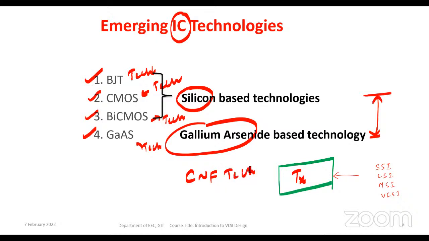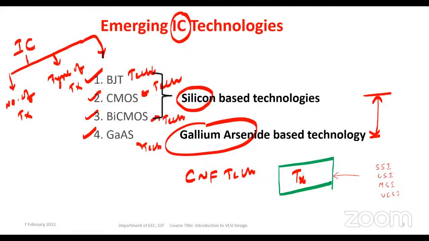So what I can say is that integrated circuits are classified in different ways. One is based on the number of transistors. The second one is the type of transistor.